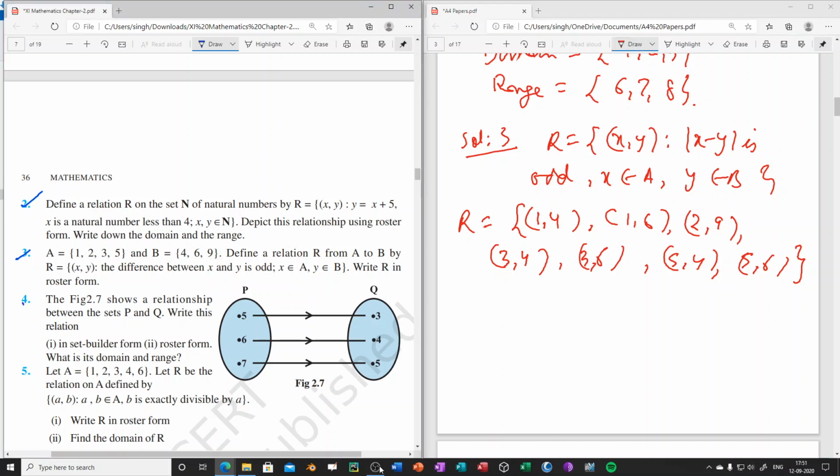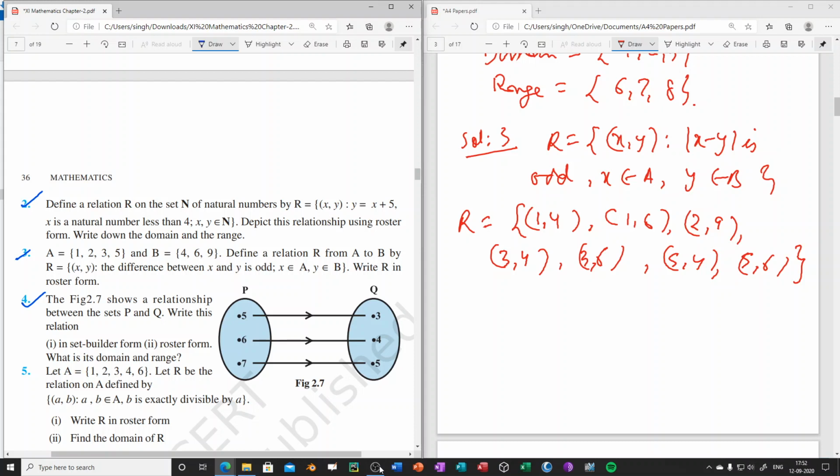Now let us go to question number 4. Here we have a pictorial representation and we have to write it in set builder form and roster form. First we will write in set builder form. We can see that in the set P there are natural numbers 5, 6, 7. If you see the elements of set Q, 5 is related with 3, 6 is related with 4, and 7 with 5.